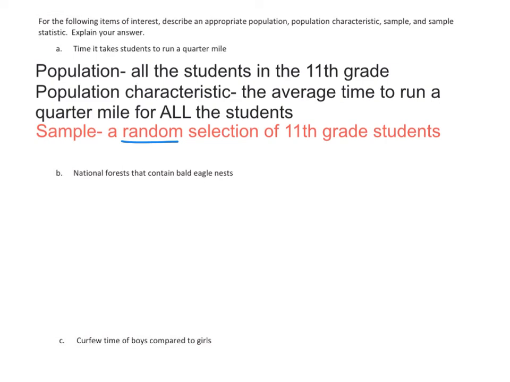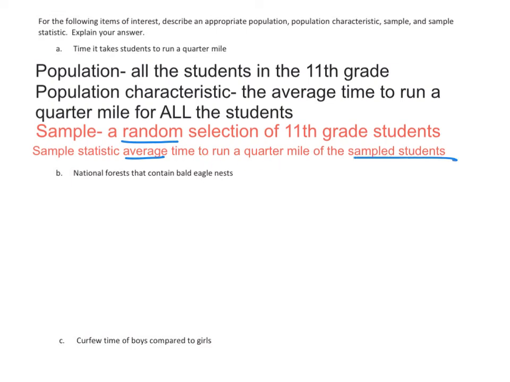It's not all of them. All of them makes up my population, where a selection makes up my sample. So now my sample statistic would again be like the average time it took to run a quarter mile of the sampled students. Okay, so do you see how the population characteristic deals with the whole group, and again the sample statistic deals with the sample?